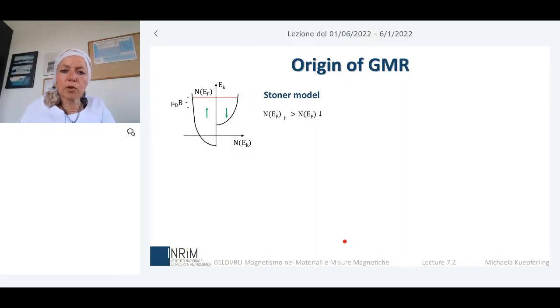And this comes from the Stoner model, if you remember, this was the exchange interaction, and let's say this was ferromagnetism in itinerant systems.